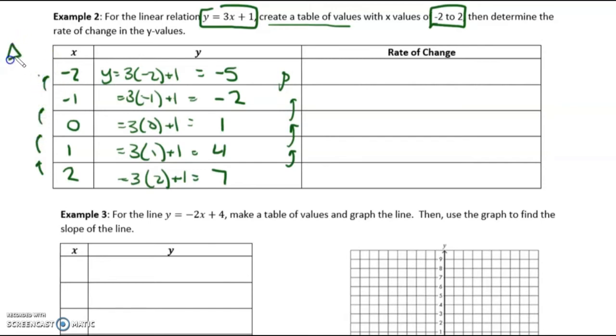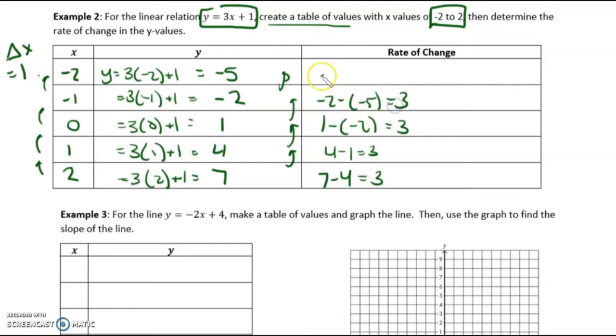A lot of times you'll see it written as delta x. What is the difference in the y's? Well, 7 minus 4 is 3, 4 minus 1 is 3, 1 minus negative 2 is 3. It's kind of like doing the first differences. Negative 2 minus negative 5 is 3. So our slope is 3 over 1.